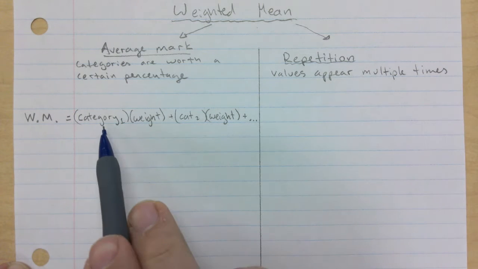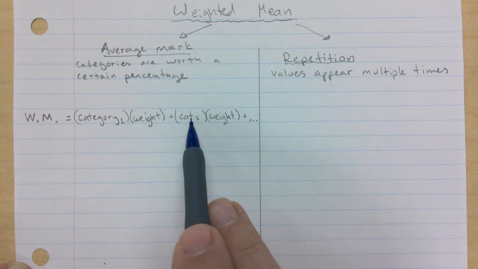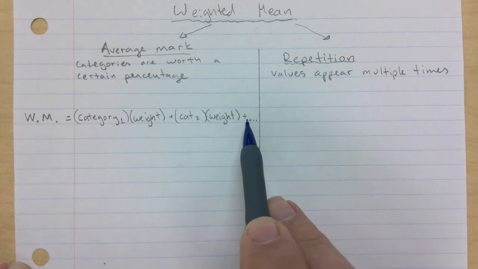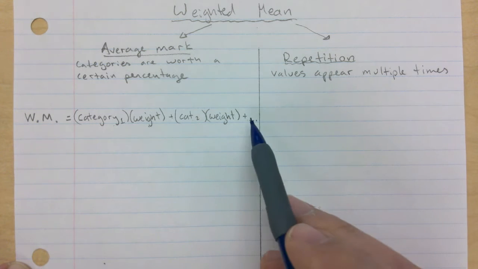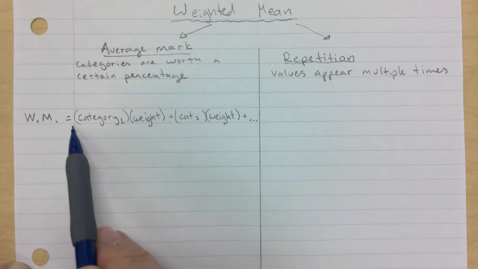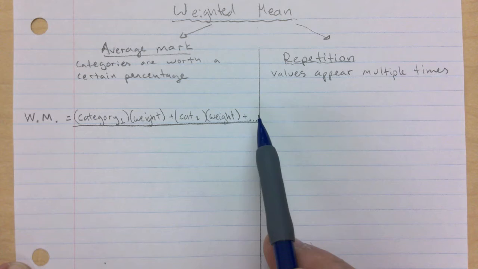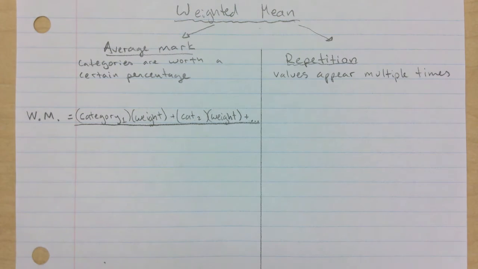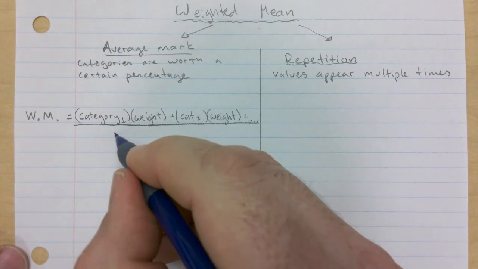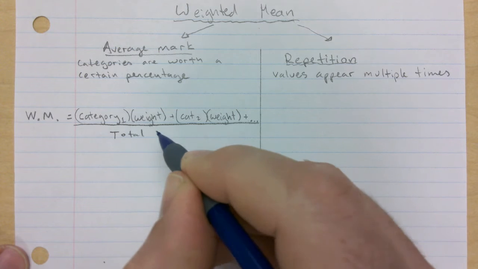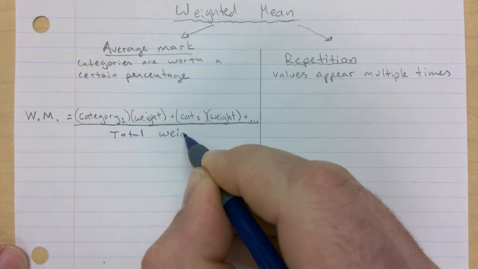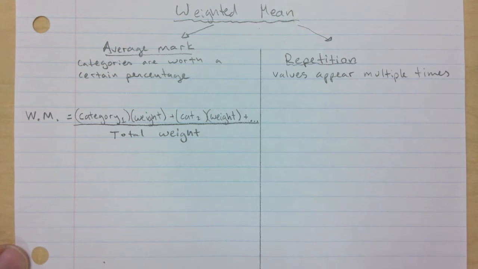Tests have a weight, quizzes have a weight, exam has a weight. Over, divided by, total weight, which is usually 100%.